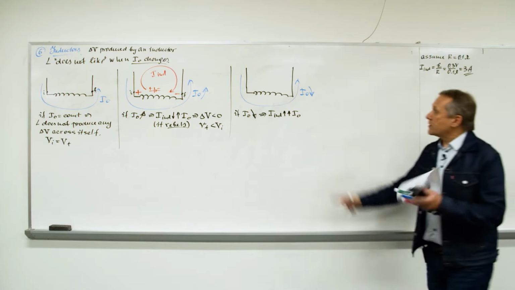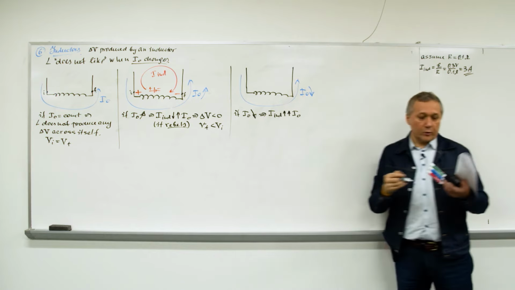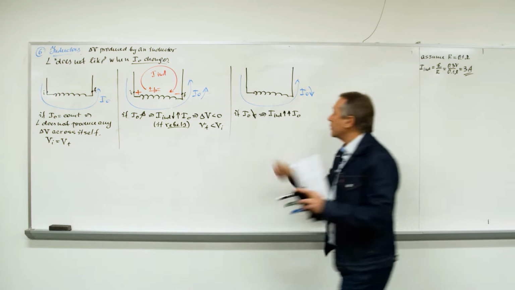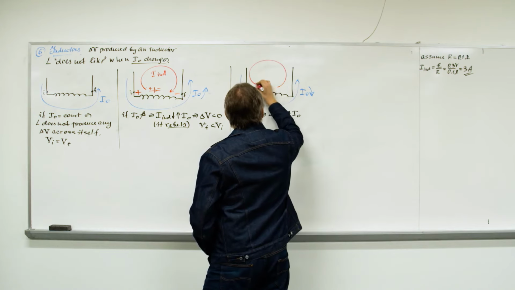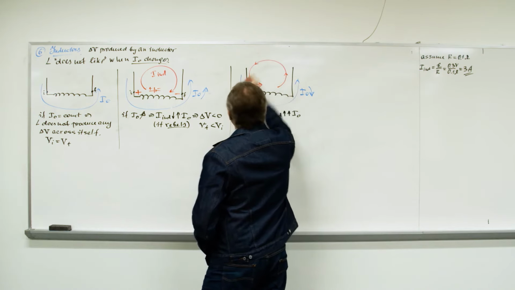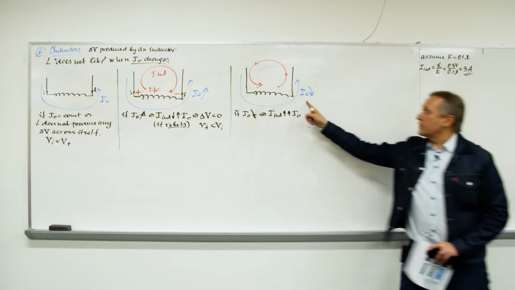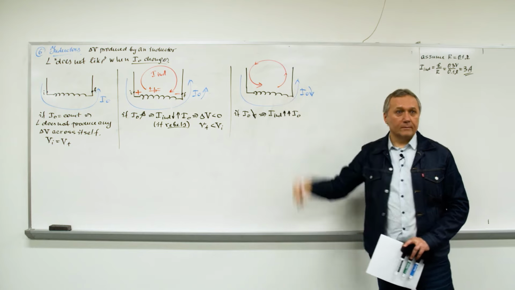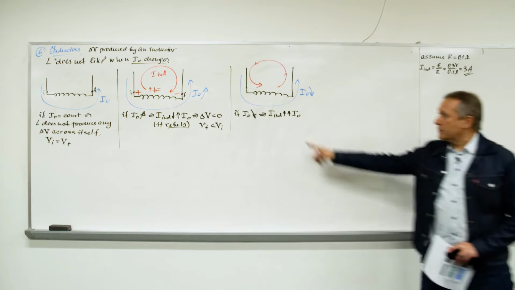The original current is counterclockwise, so the induced current will also be counterclockwise. So it means it's this way, right? You see that direction, now it's this direction. It's counterclockwise, both. So you see, the same directions.